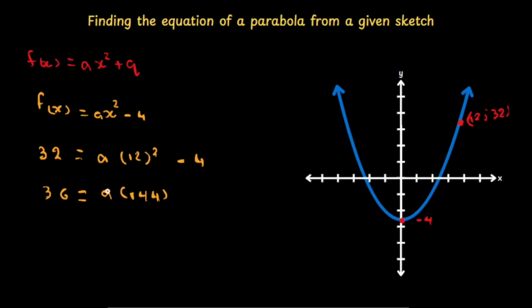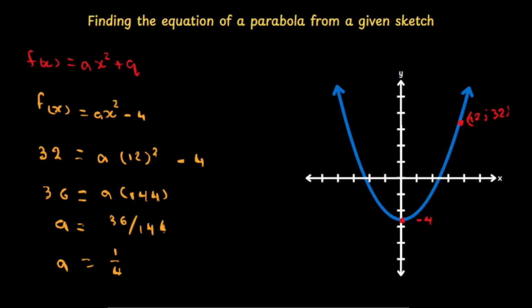In order for me to solve for a, I just divide both sides by 144. I should get a is equal to 36 over 144, and that should give me a nice clean answer of a quarter, 1 over 4. So now I know that my a value is 1 over 4.